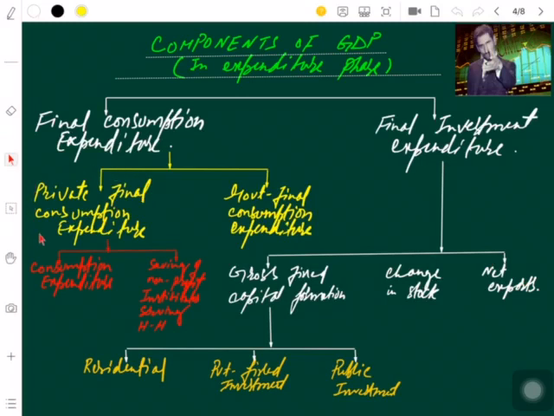This private final consumption expenditure is further divided into consumption expenditure and saving of non-profit institutions and savings of households. That savings ultimately gets invested, but here savings takes place. This gross final capital formation could be residential capital formation, private final fixed investment, fixed investment meaning when you invest in fixed assets like a factory, a machinery, or something like that, and public investment.